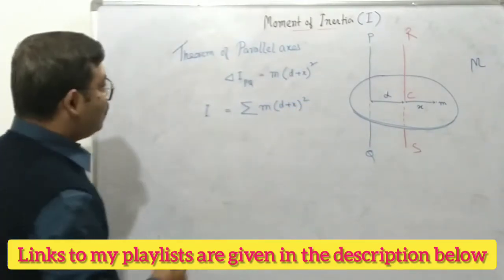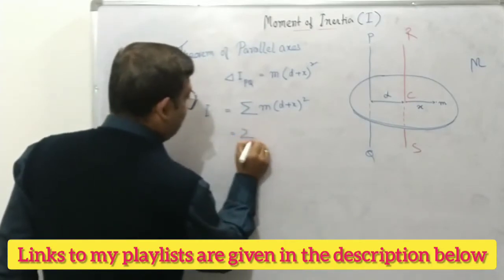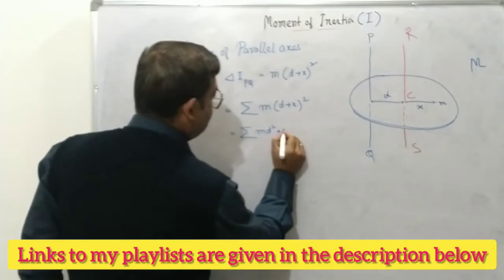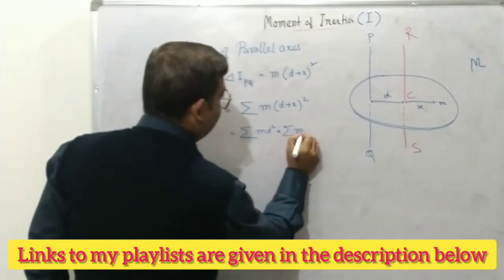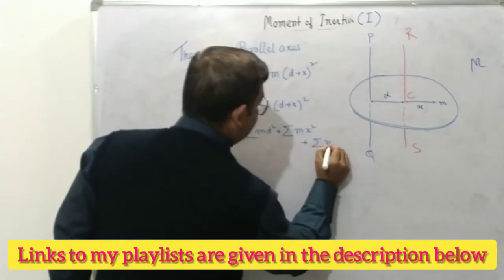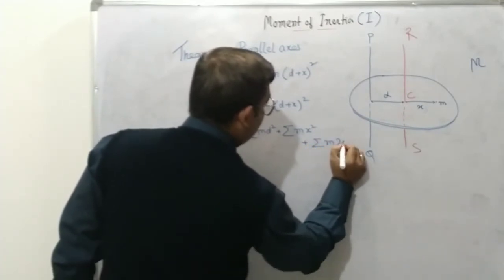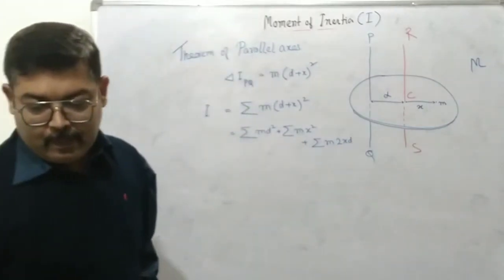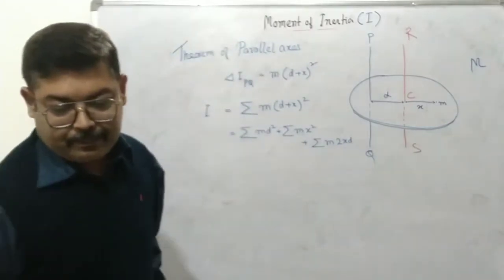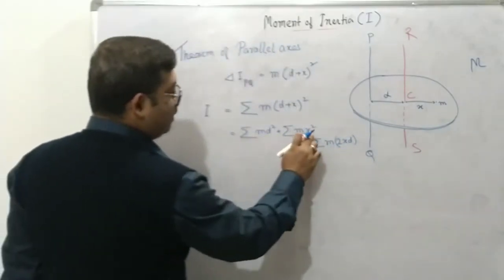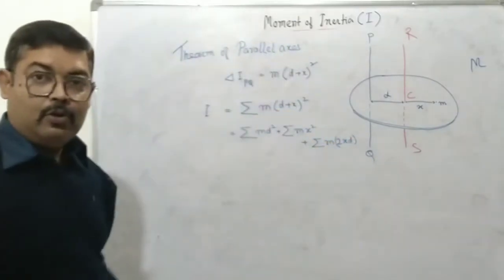So let's open the whole square term. We will have three terms: summation m d square plus summation m x square plus summation m 2xd. Right? d square plus x square plus 2xd is (d + x) whole square.